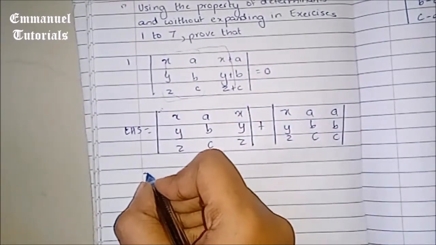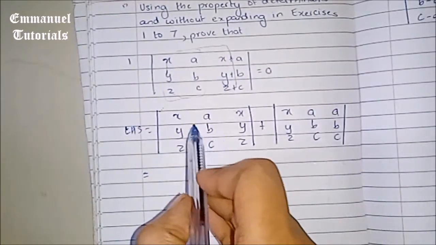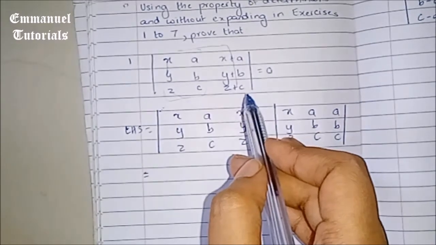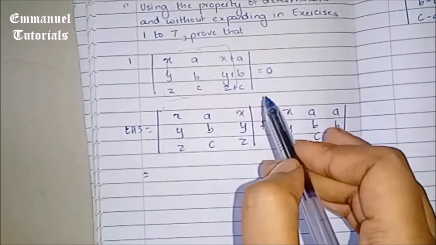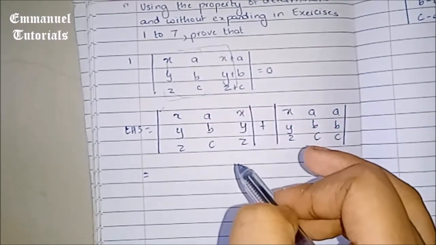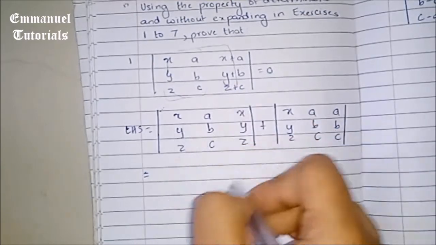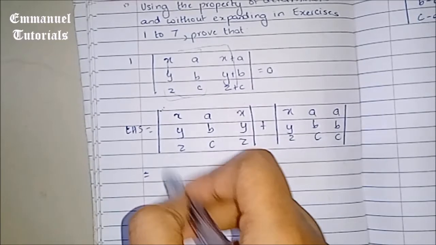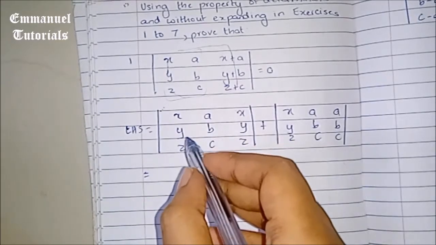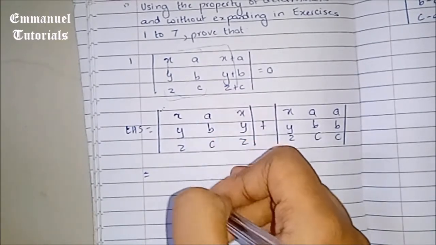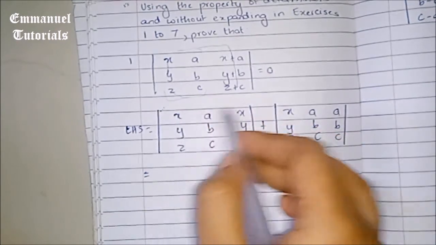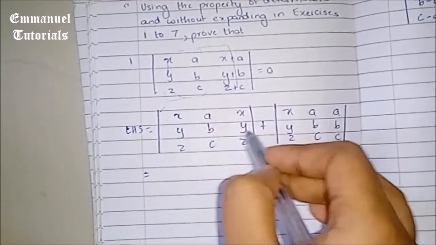Now according to property number 3, if any two rows or any two columns have the same elements, then the value of the determinant is going to be 0. So in the first determinant, what you can observe is that the first column and third column are exactly the same, x, x, y, y, z, z.